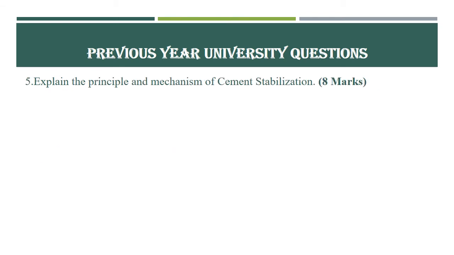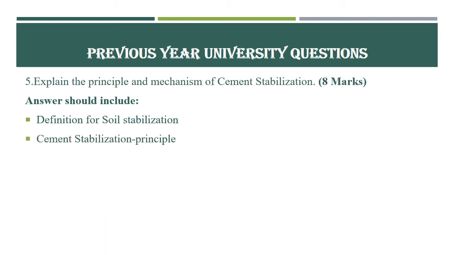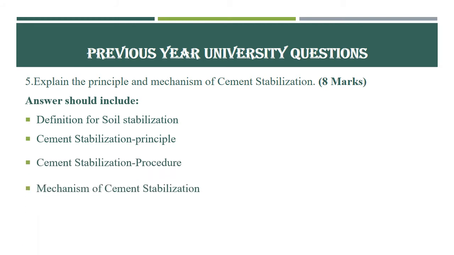The fifth question is explain the principle and mechanism of cement stabilization. It is asked for 8 marks. Your answer should include the definition for soil stabilization, cement stabilization principle, cement stabilization procedure, and mechanism of cement stabilization.